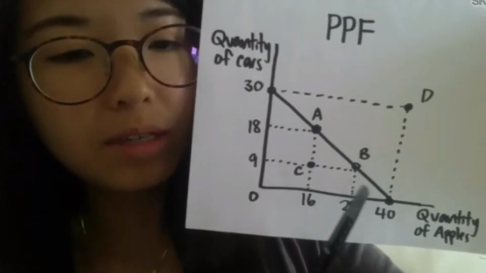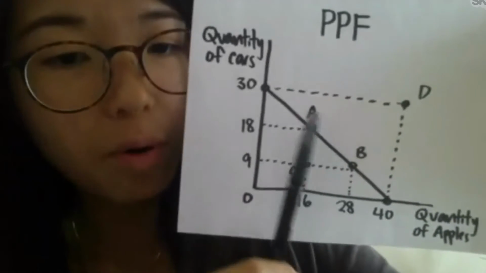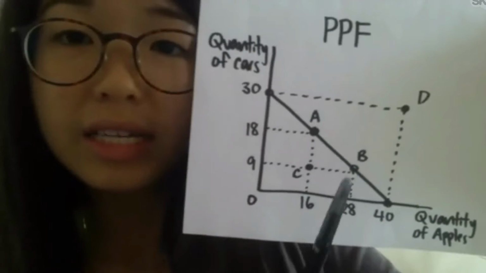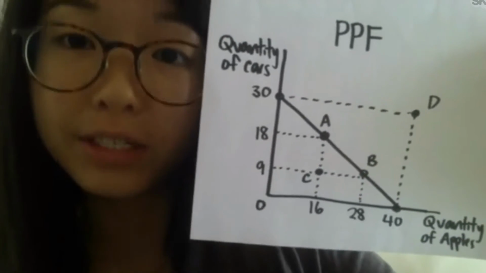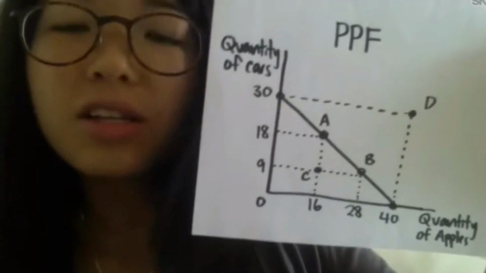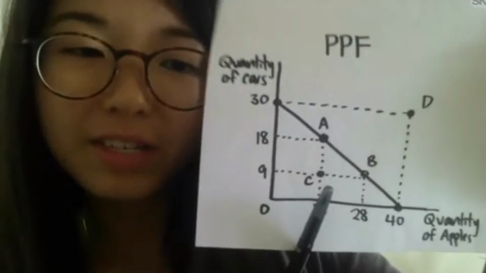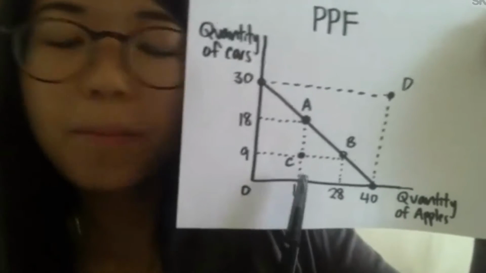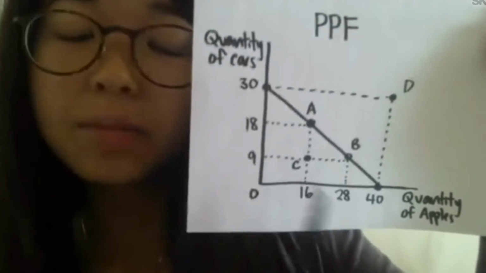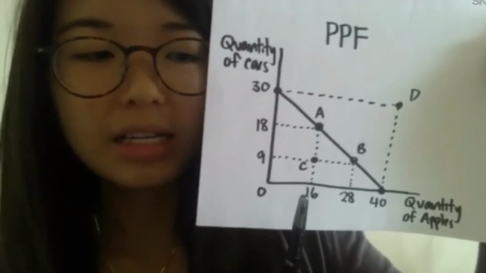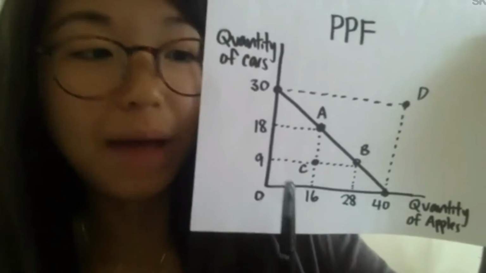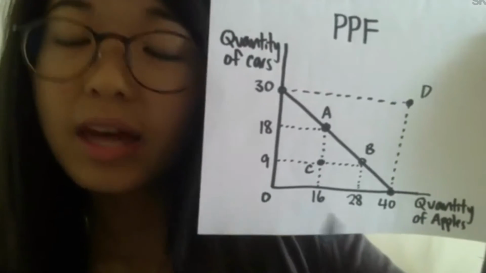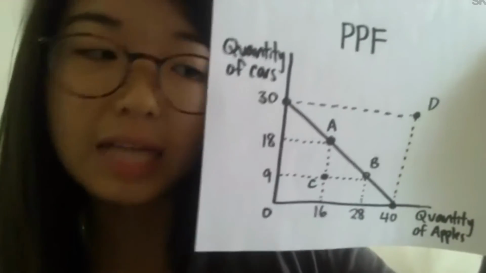And the same concept can be applied to all the points on this line, where the country would be utilizing all its resources efficiently. We can also look at points that are inside the curve, such as the one in point C. And we know that point C marks a feasible point of production because if the country can produce a maximum of 18 cars and 16 apples, then it can certainly produce less cars and less apples.